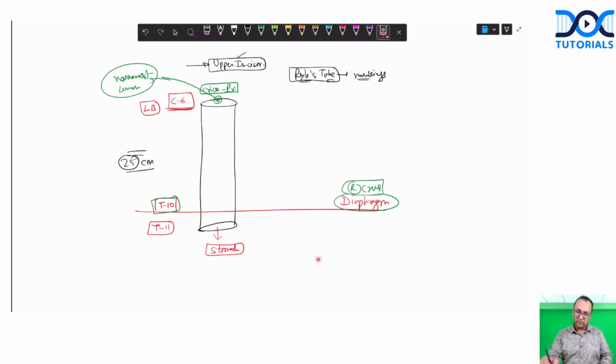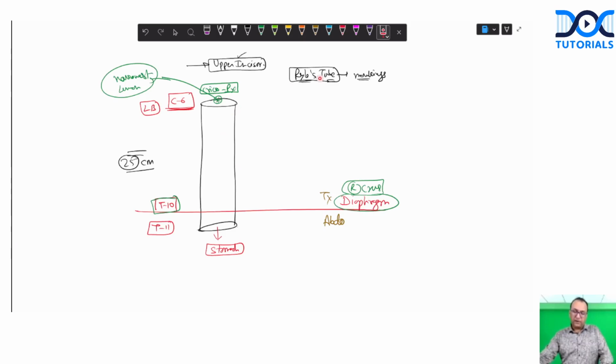Diaphragm means the thoraco-abdominal diaphragm. Most of the esophagus is in the thorax, but partly it is in the abdomen. As it pierces the diaphragm, it reaches the abdomen, and that is the part where you have peritoneal serosa also. But there is one more marking here in the middle. What is that marking? We have to talk about it.